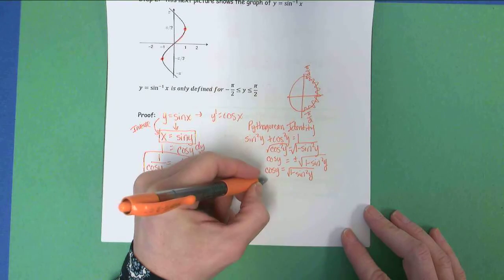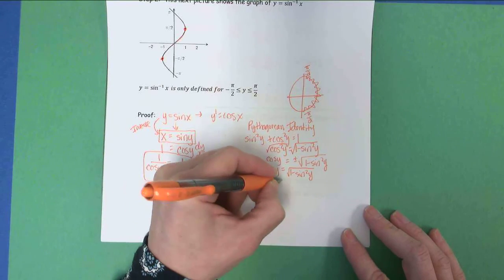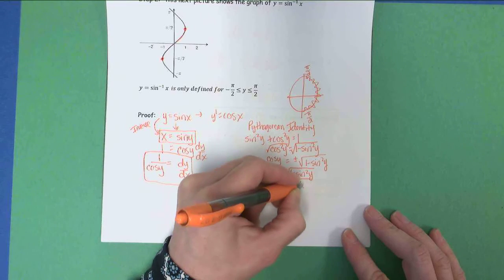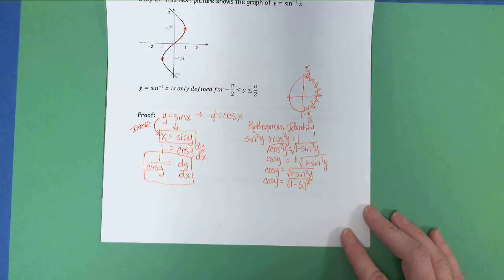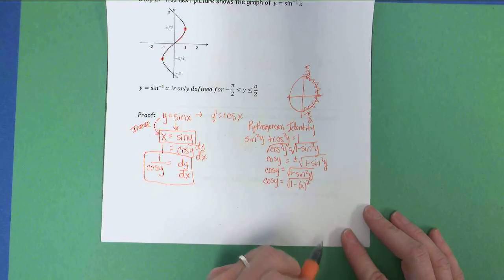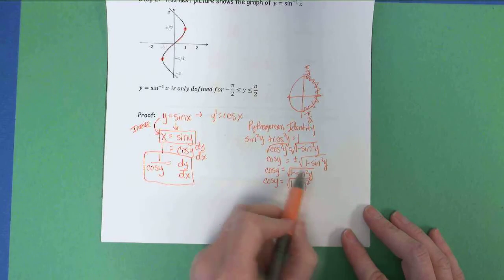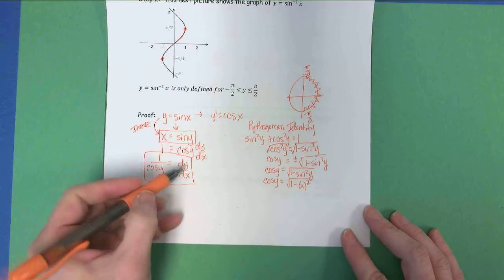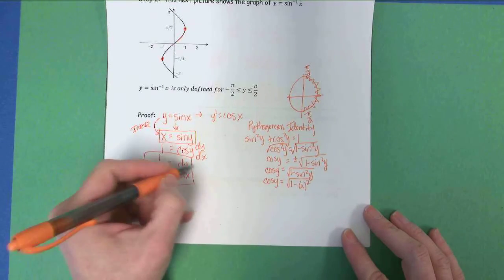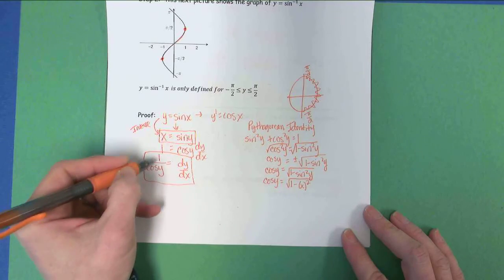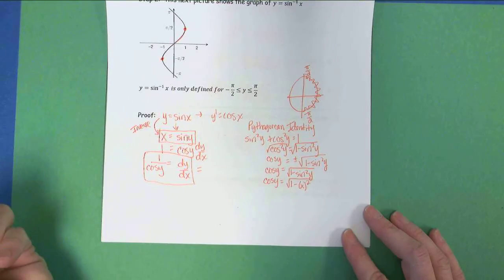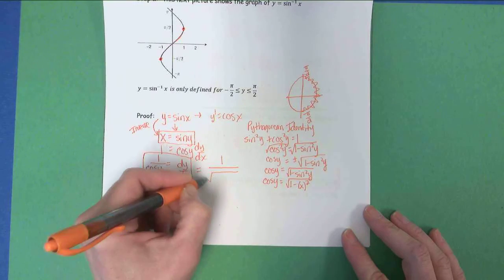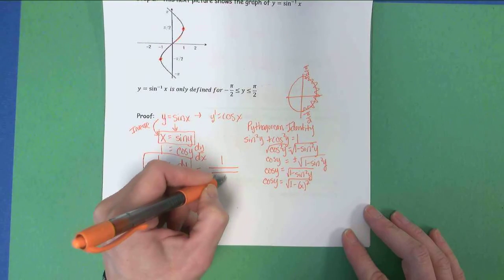Therefore, I can write this as cosine y equals the square root of 1 minus x squared. Sine y squared is like sine y quantity squared, which is the same as x squared. So, if I come back to my dy dx here, instead of writing dy dx as 1 over cosine y, I'm going to rewrite it as 1 over the square root of 1 minus x squared.